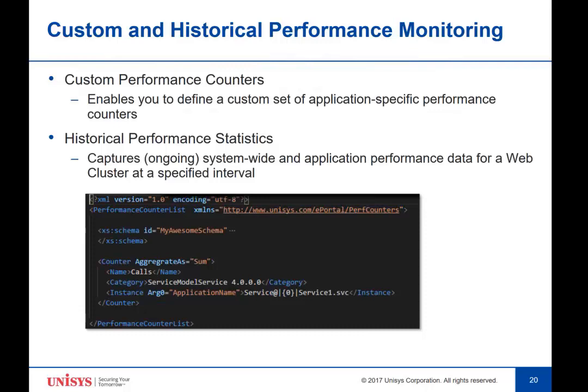And what you do is you deploy this with your application. It just becomes part of your root directory for your application. And when you deploy it, ePortal will pick up this specification and then include whatever performance counters you deem necessary in the various views that ePortal provides.